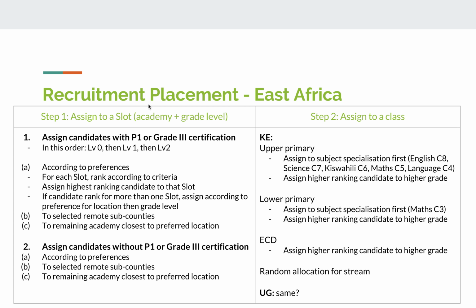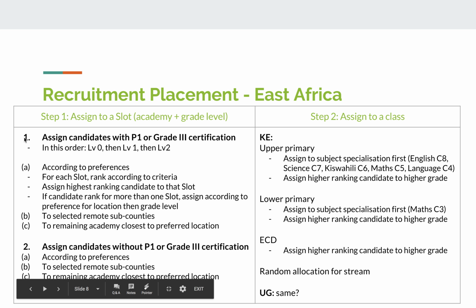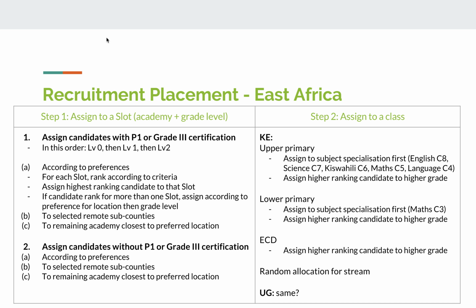For all of these countries, in the step 1 part, there is an order of priority of the candidates. In East Africa, teachers who have P1 or grade 3 certification have higher priority than teachers who don't, because we need to register the teachers. In Nigeria, it's similar, with teachers who have a Bachelor of Education and NCE over teachers who don't.